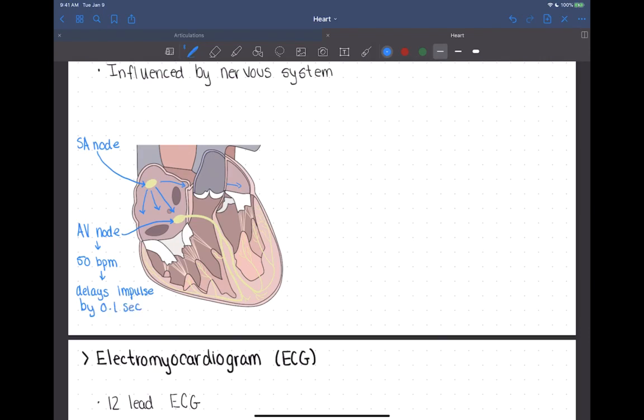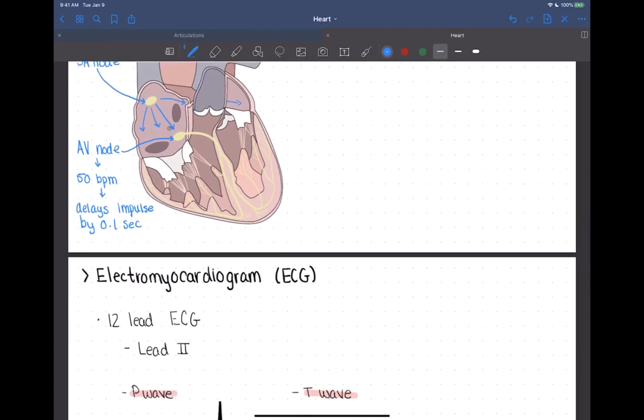Okay, so it's just that very slight delay, but that is a very important delay because it allows the atria to finish contracting before we start depolarizing our ventricles. And so that's extremely important.